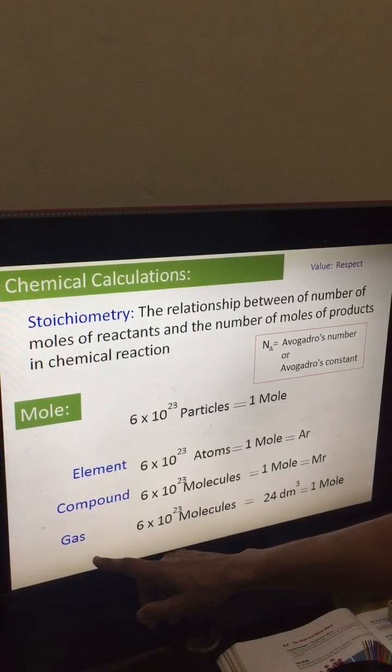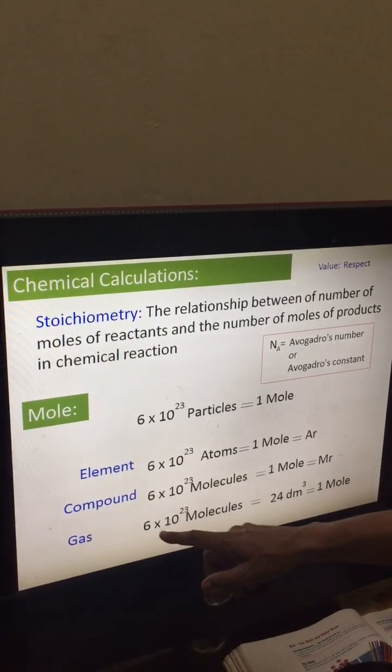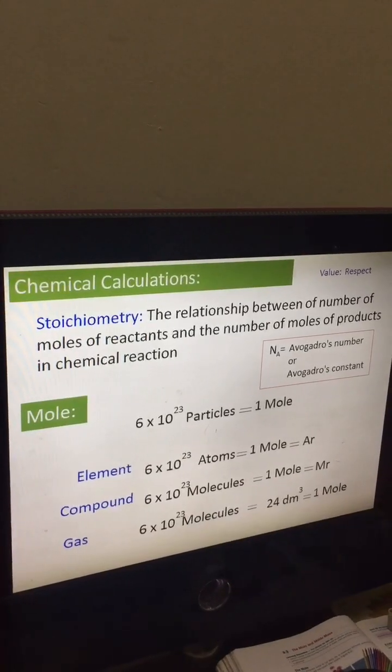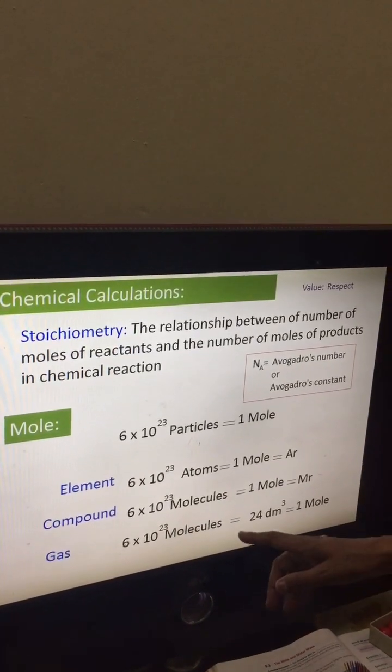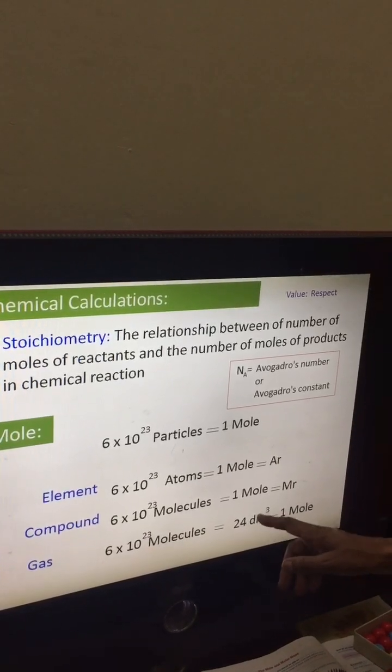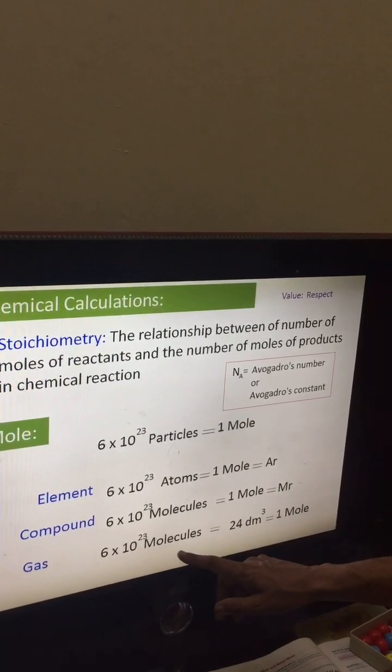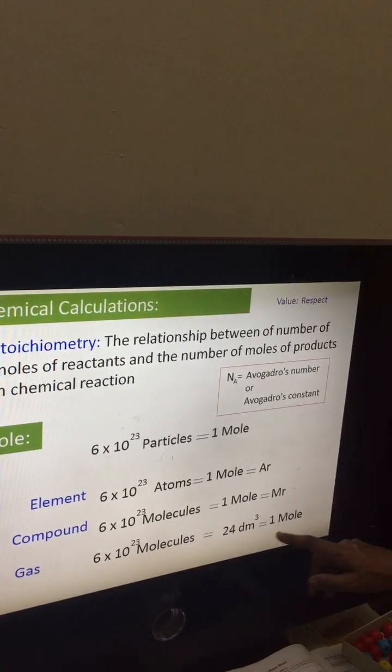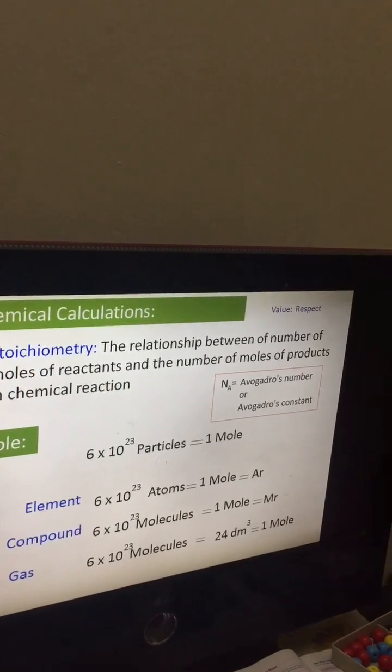For gases, if the molecules are 6 × 10^23 at room temperature and pressure, then the volume is 24 decimeter cubed, and this many molecules is 1 mole. These are the 3 equations.